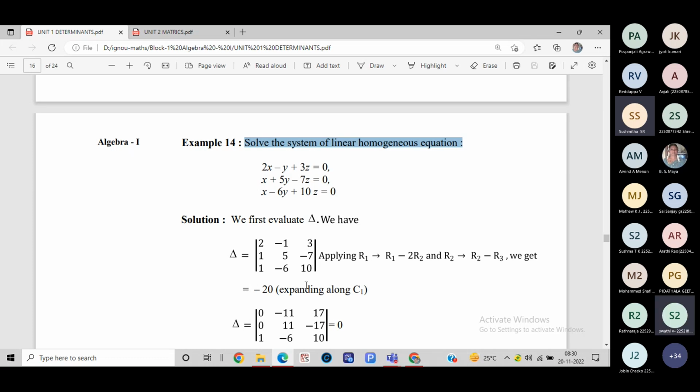Again plus 3 into minus 6 minus 5, which is minus 11. 3 elevens are 33. 16 plus 17 minus 33, I got 0.